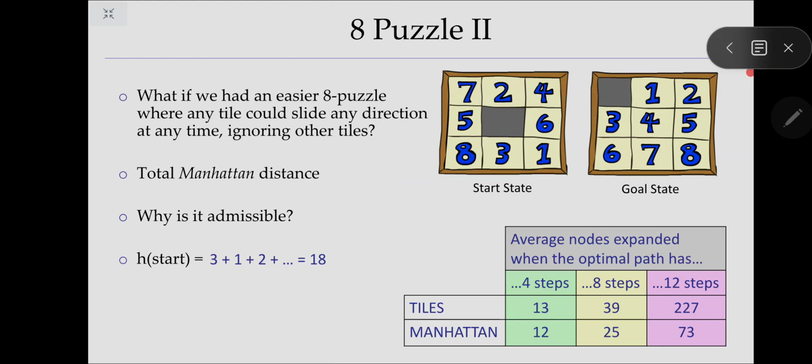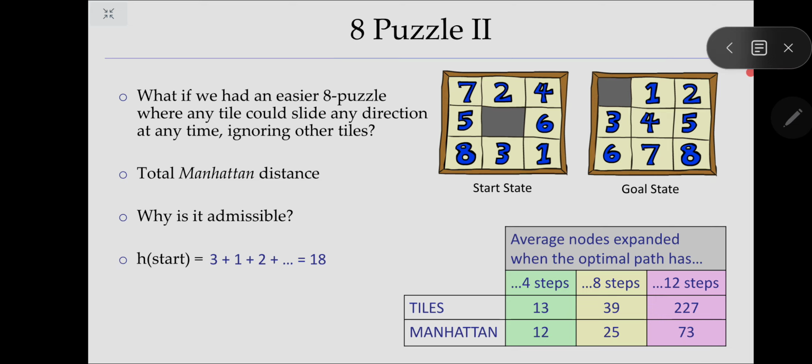The closer the admissible heuristic is to the real and optimal solution, the more the performance of A star improves.